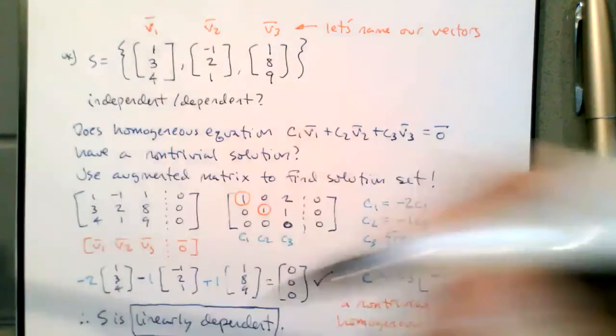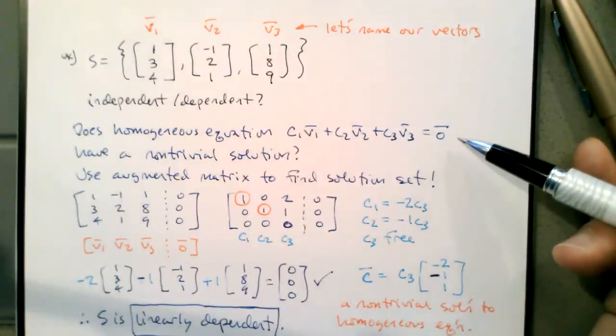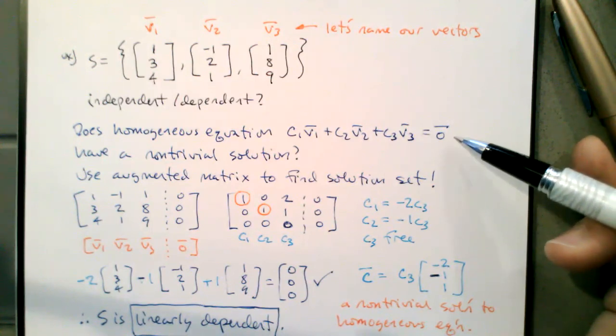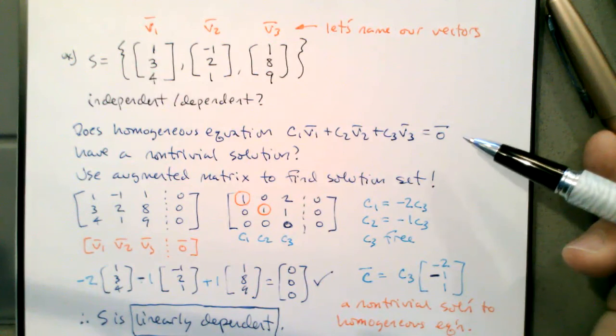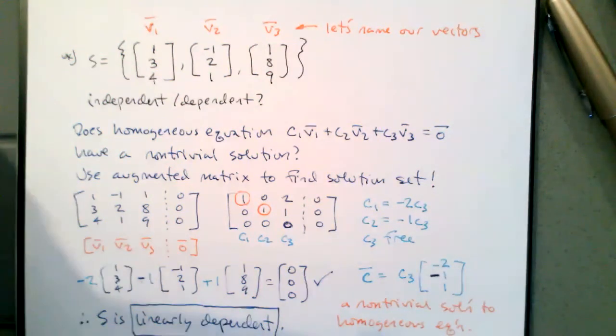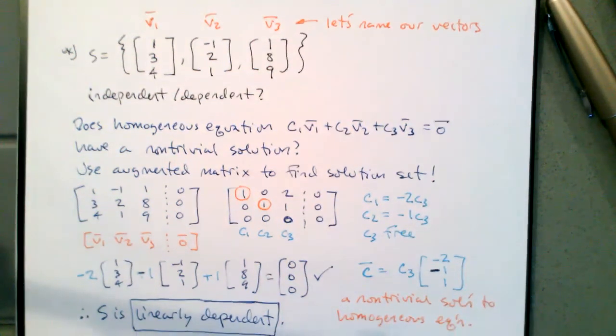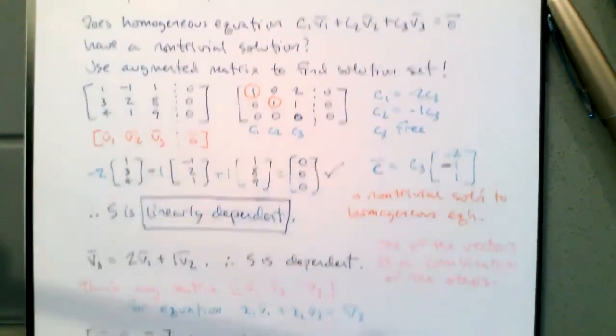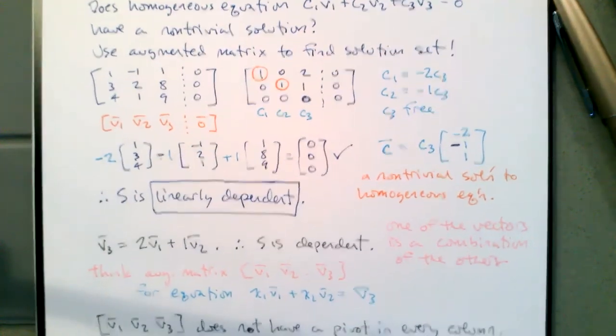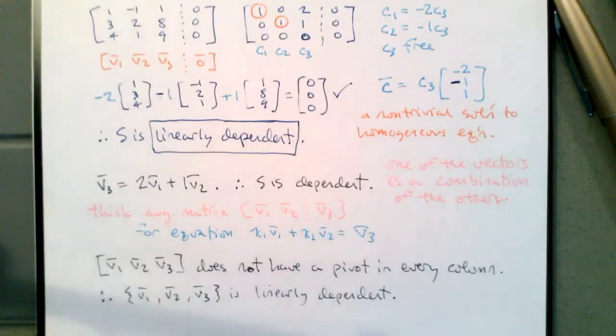If you write this equation and back up the statement that this vector equation has a non-trivial solution, that there's a solution where C1, C2 and C3 are not all zero, that's okay. But you can't just say the coefficients aren't all zero, because that's not sufficient. That's shortening things too much.